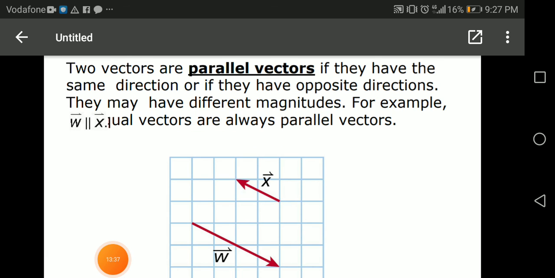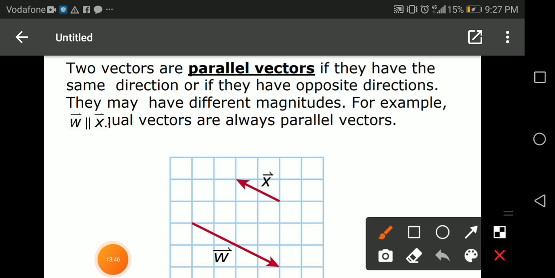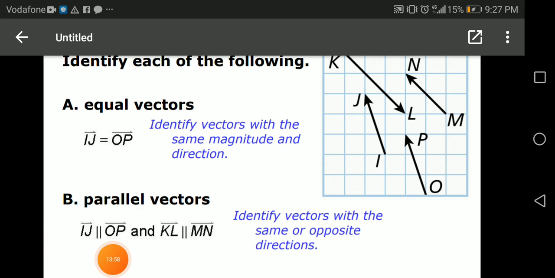And we have another character for vectors: parallel vectors. They don't have to have the same direction. They may have opposite directions, and they may have different magnitudes, although they are parallel vectors. Here I have identified the following equal vectors.